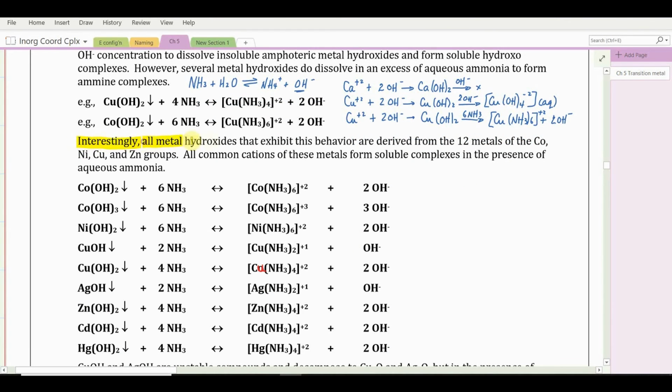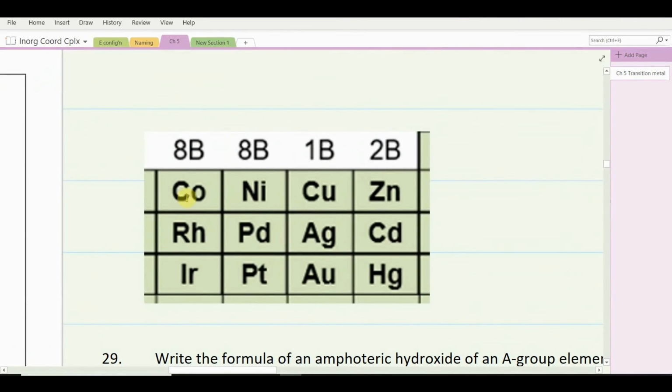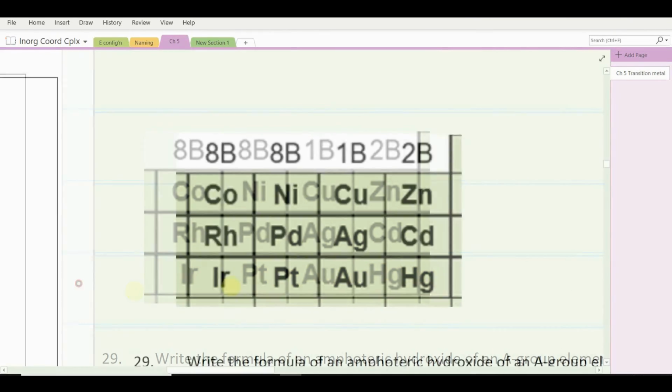Interestingly, all metal hydroxides that exhibit this behavior come from the 12 metals of the cobalt, nickel, copper, and zinc groups. Here they are: cobalt, nickel, copper, zinc, rhodium, palladium, silver, and cadmium, iridium, platinum, gold, and mercury all form these soluble amine complexes.